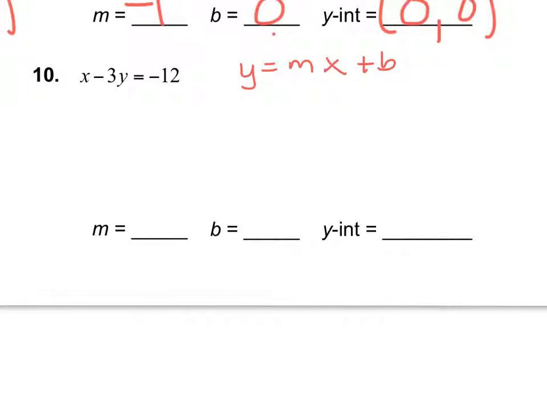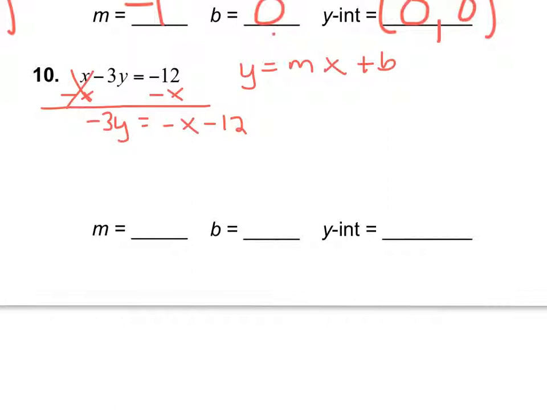So I would subtract the x, and I have to do that on both sides. Draw a line, and the x goes away. I'm left with negative 3y equals, put the x first, so negative x, and then the minus 12.